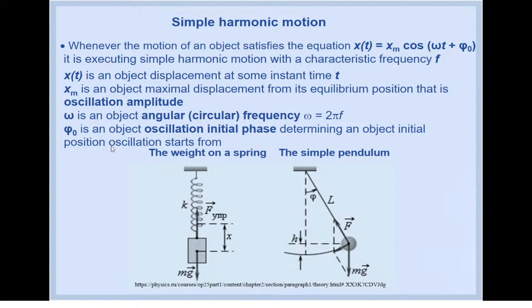So you can start to investigate an oscillating object at any moment, and this doesn't mean that the object would be at its equilibrium, average position. It might be at any position in space, and the oscillation initial phase shows what the initial position is for the object you start to investigate from.